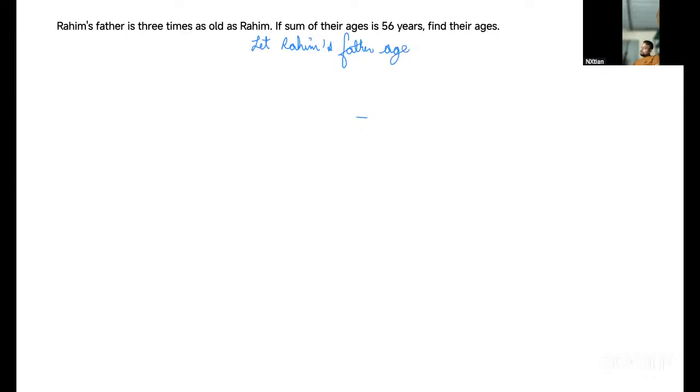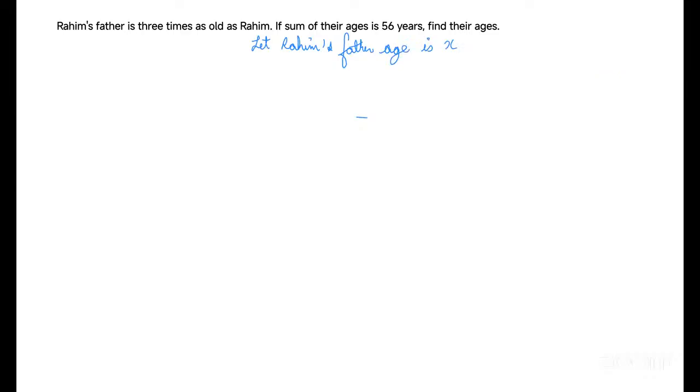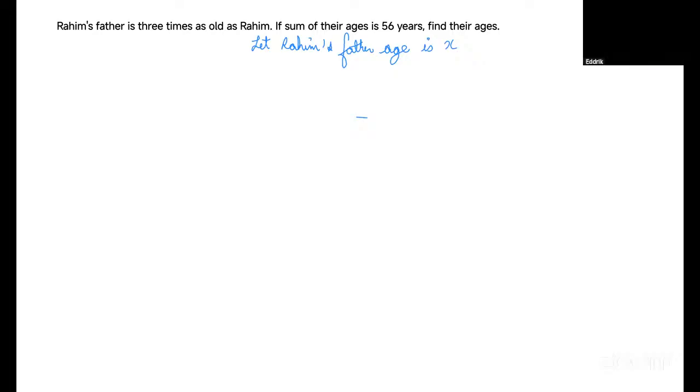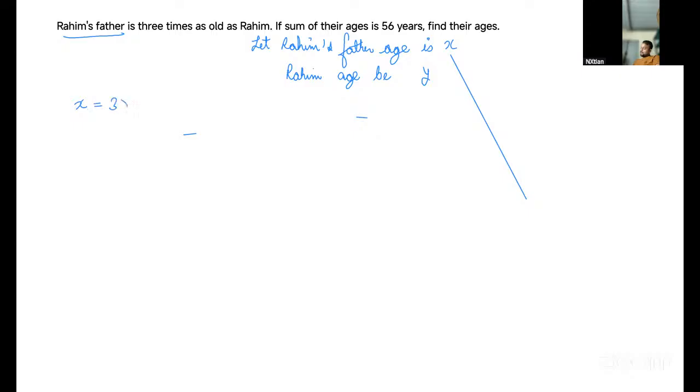Beta, you got the answer? Not yet. I took Rahim's age as X and Rahim's father's age as Y. It's okay, you can take anything. Now Rahim's father is there. So Rahim's father I took as X. Age equals 3 times, 3 multiplied by Y. Did you listen, guys?